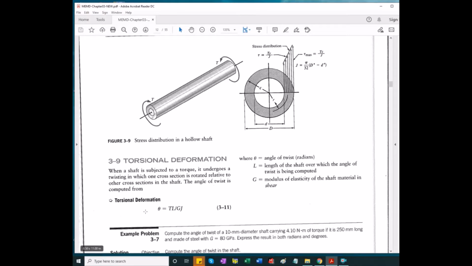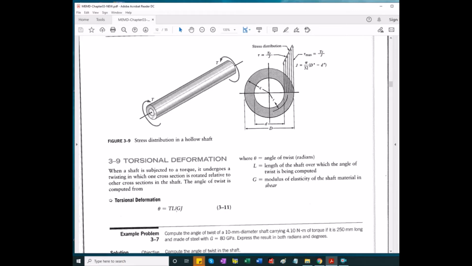So in radians it is going to be torque times length. Length would be the distance from here to here, for example, divided by G, the modulus of elasticity in shear, times the polar moment of inertia. You can calculate G based on the Poisson ratio and on the Young's modulus.